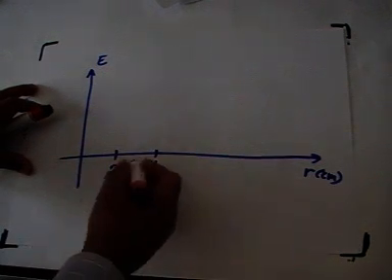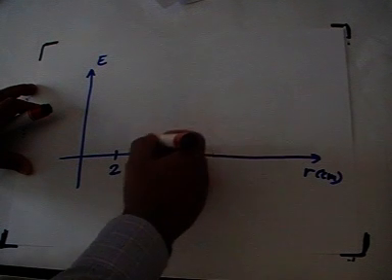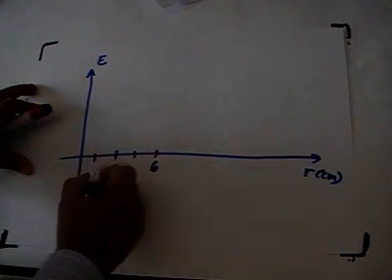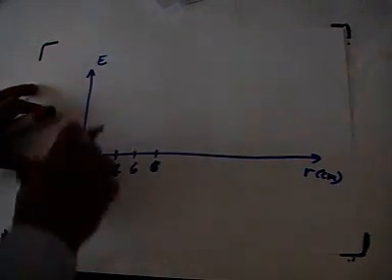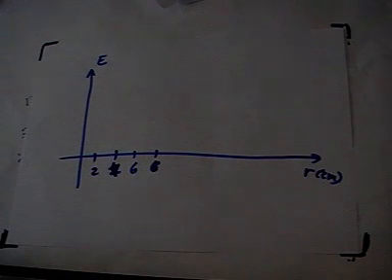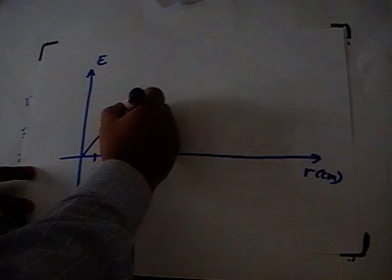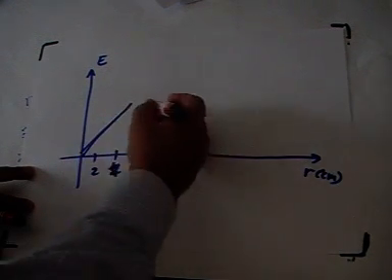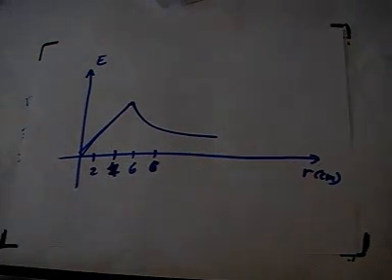Actually, this should really be 2, 4, 6, 8, and so forth, with the electric field values over there. Inside, anything below 6, you're going to get a straight line, and anything after 6, you're going to get something like that. That's what the overall plot should look like.